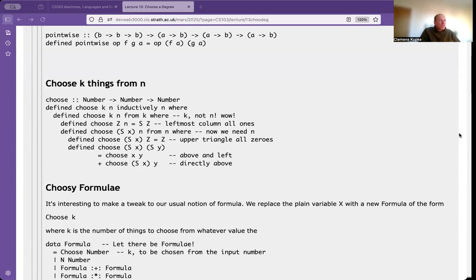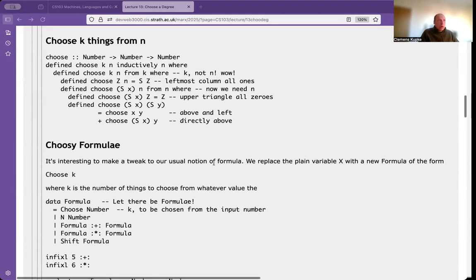If you want something and there's nothing available, you're lost. If you want something and there's a first thing available, then you either say, well, I will choose the first thing and then one fewer from the rest because I've got one down already, or I'll reject the first thing and then I have to choose all the things from the remainder. So that's what our equations say.